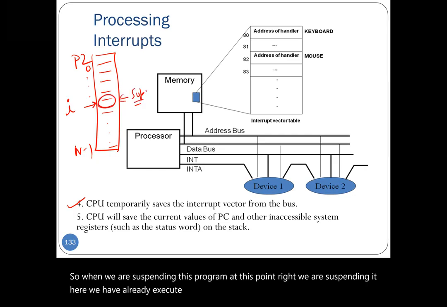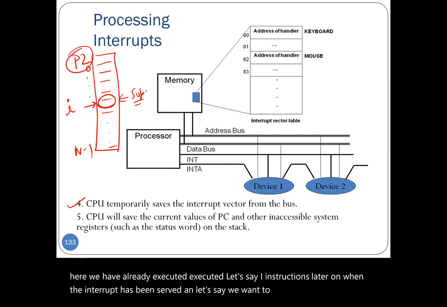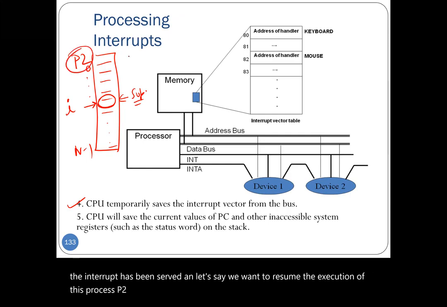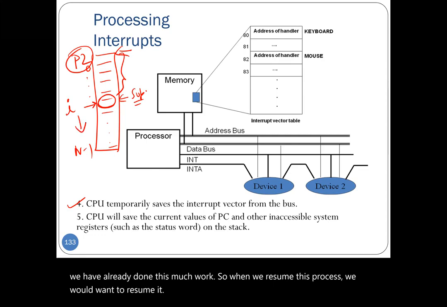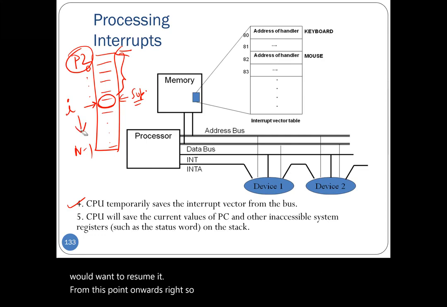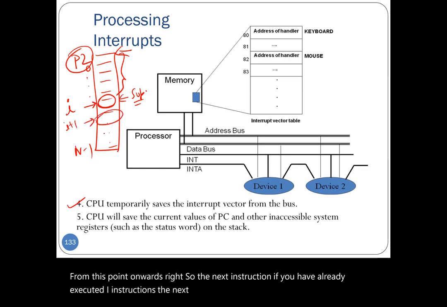Later on, when the interrupt has been served and we want to resume the execution of this process P2, obviously we do not want to start it from the beginning because we have already done this much work. So when we resume this process, we would want to resume it from this point onwards. If we have already executed i instructions, the next instruction we should execute is the i plus 1th instruction, and only need to do the remaining work.